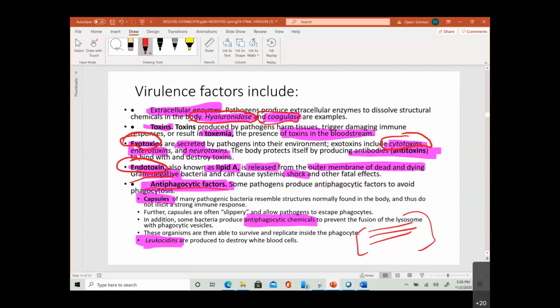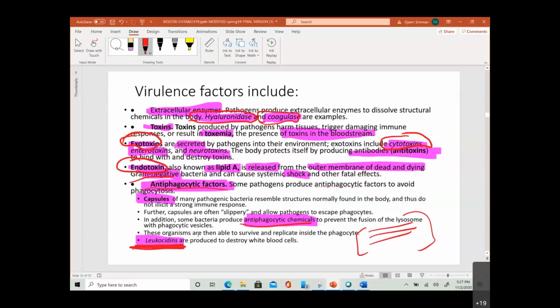So leukocidins, these are chemical proteins. These are antiphagocytic chemicals that basically destroy our white blood cells. Other antiphagocytic chemicals that are produced by pathogens prevent fusion of the lysosome with the phagocytic vesicle, which is a step that is necessary in order for proper phagocytosis to take place.